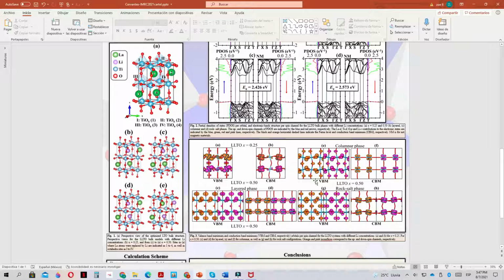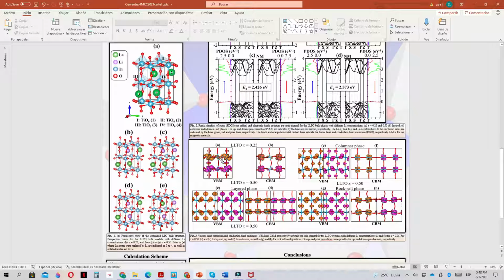In figure 3 it can be seen that titanium atoms in LLTO lose electrons in relation to the LTO bulk phase. For x equals 0.25, the titanium has greater or less positive charge, with oxidation states 4+ and 3+.